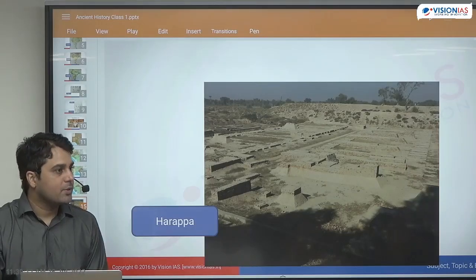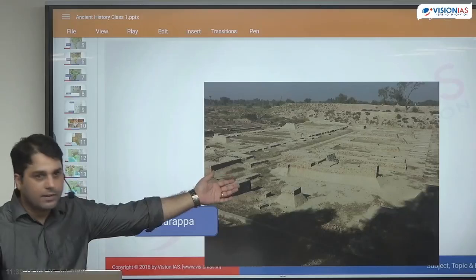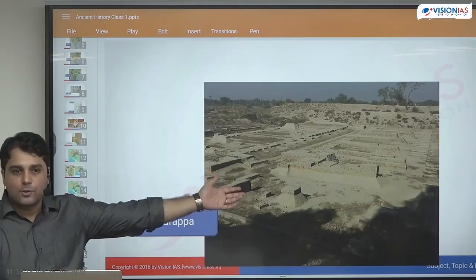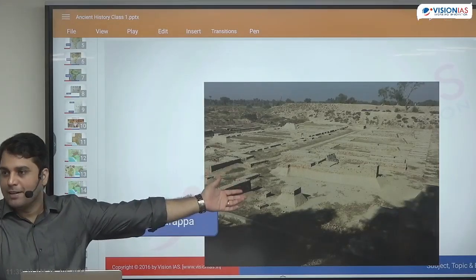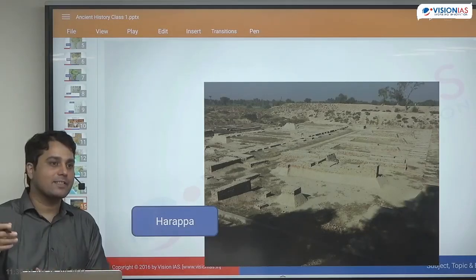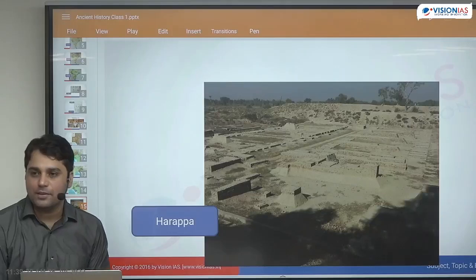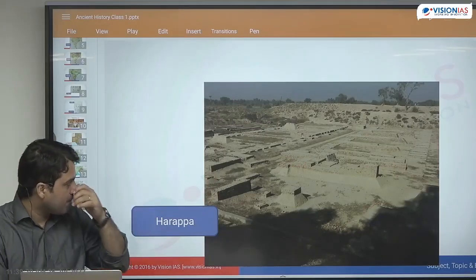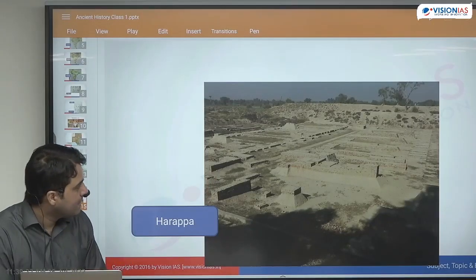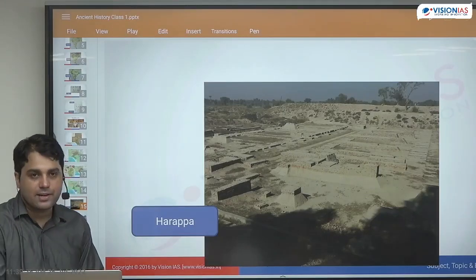So बहुत सारे जो engineers थे और जो workers थे, they used bricks of Harappan civilization. So that is why a lot of structure of Harappa has not survived. It had survived for thousands of years, but because of developmental work, a lot of bricks were stolen from here. Anyways, despite that, we can come to certain conclusions regarding Harappa.